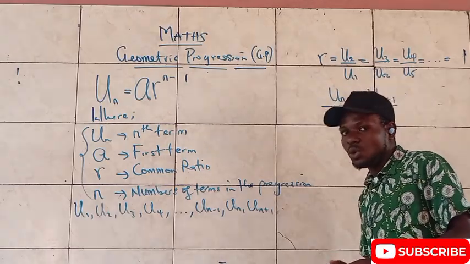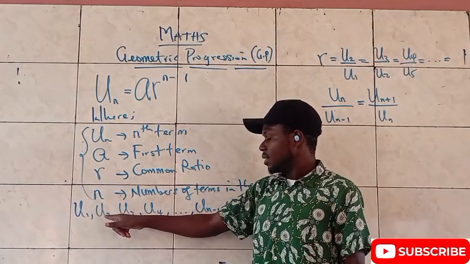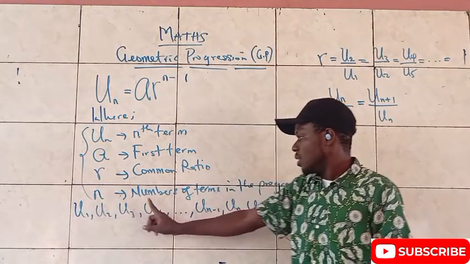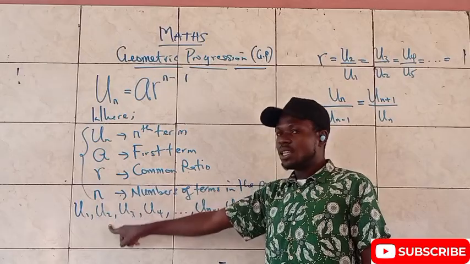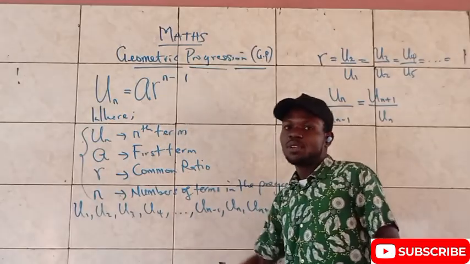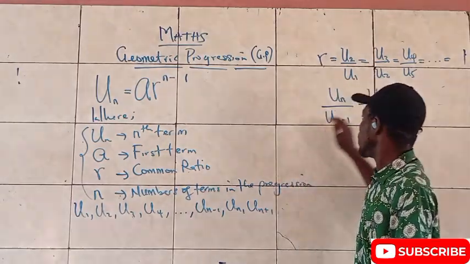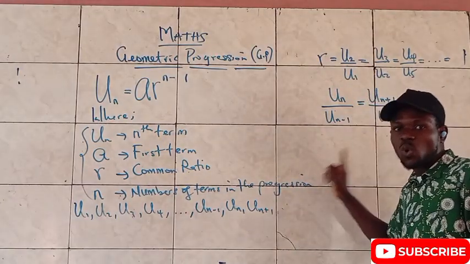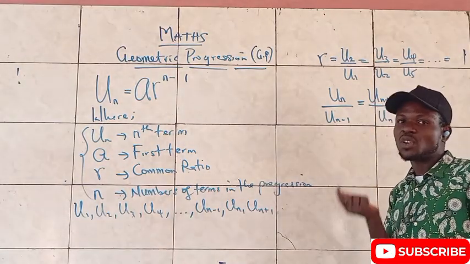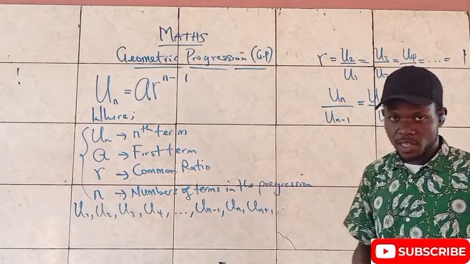All I'm trying to explain to you is that the common ratio is the succeeding term over the immediate preceding term. When we have the answers to be the same, then we call this the common ratio, and it is only the common ratio that qualifies a sequence to be called exponential sequence or geometric progression, as the case may be.